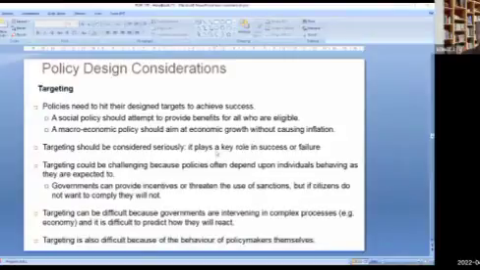Targeting could be challenging because policies often depend upon individuals behaving as they are expected to. We mentioned before that one of the key challenges with policy design is that it's trying to get people to behave in a certain way. People, of course, are not always aligned. The government can provide incentives or threaten the use of sanctions, but if citizens do not want to comply, they will not.